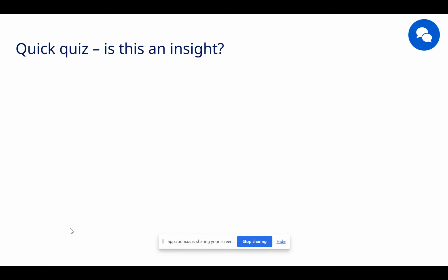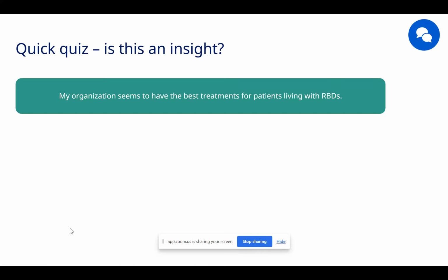If you can unmute, I have a very quick question. From the previous slide, you would have seen there should be context, more detailed information, strategy, etc. From those aspects, do you consider this sentence an insight or information?